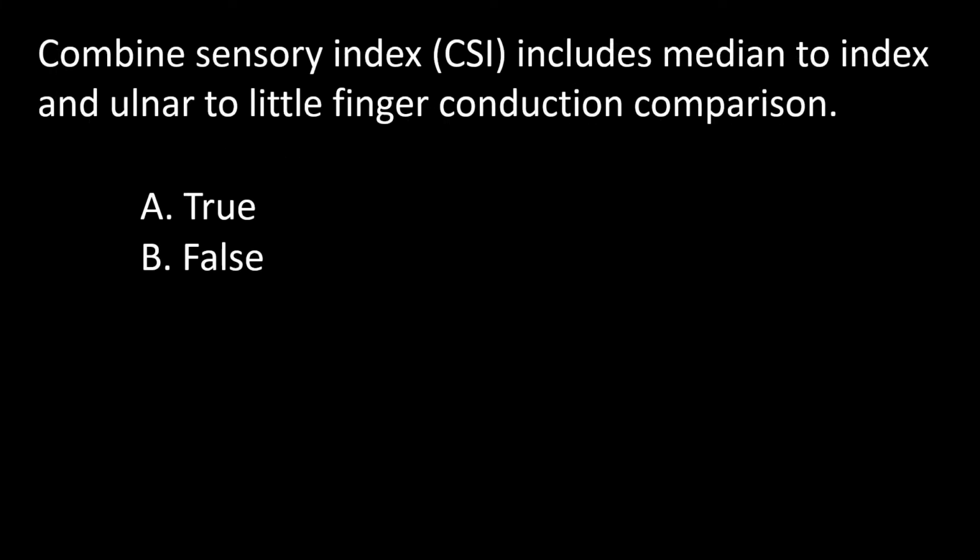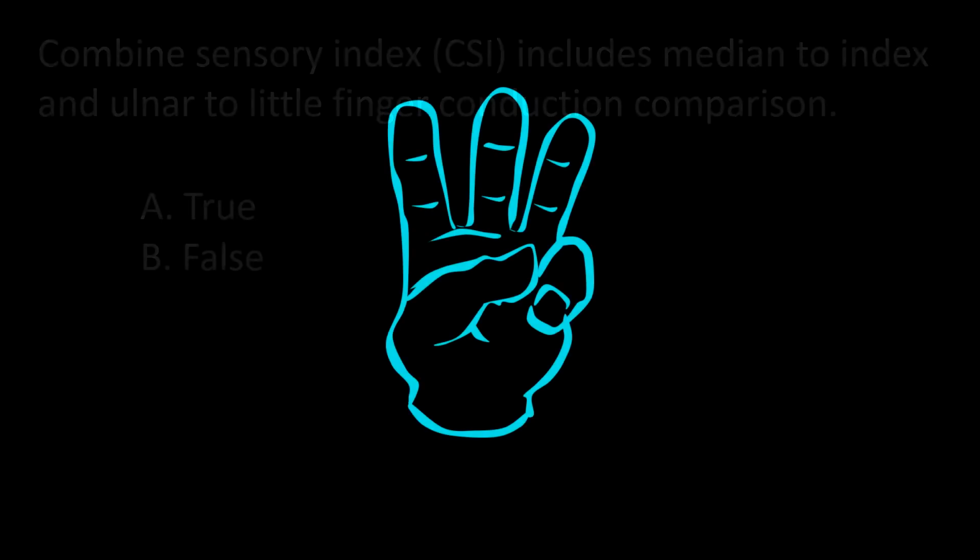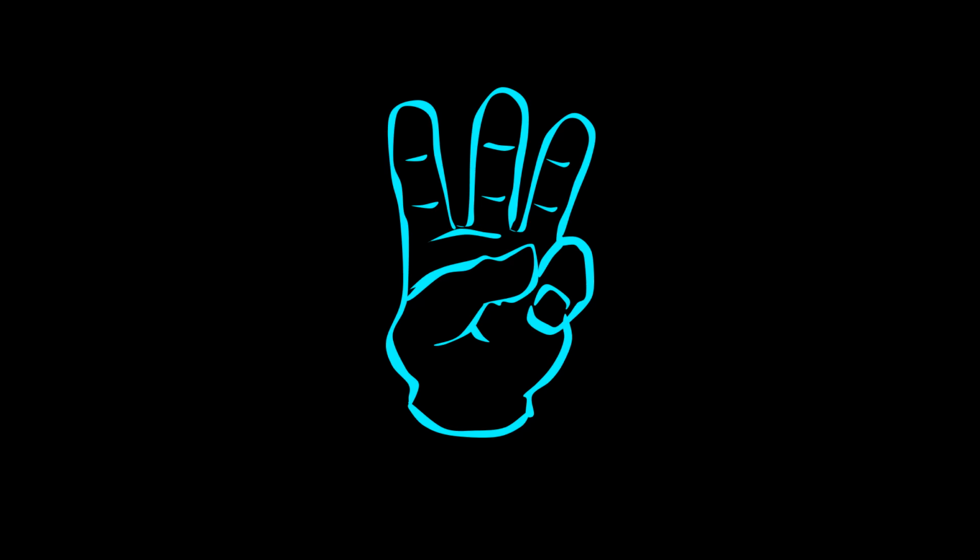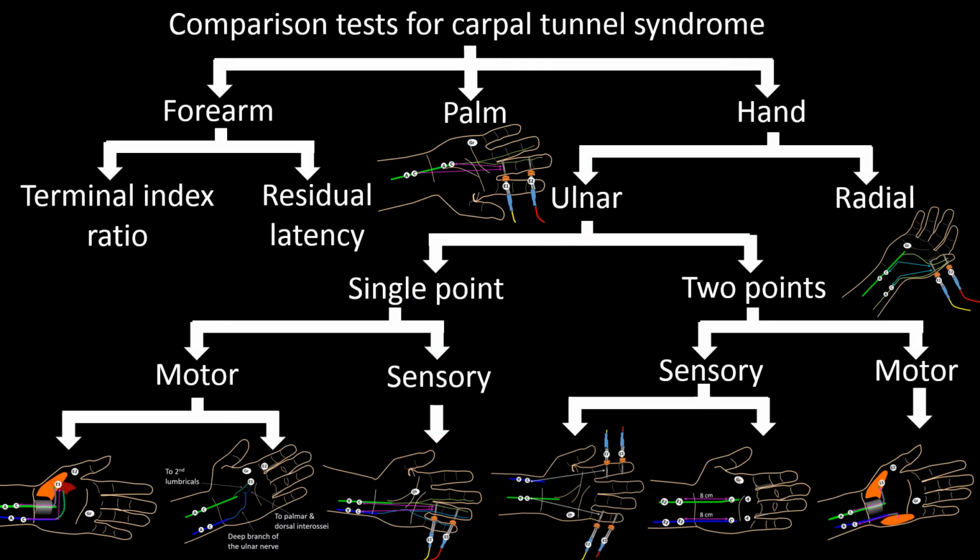Next question. Combined sensory index includes median to index and ulnar to little finger conduction comparison. A true, B false. The combined sensory index consists of 3 tests. I brought back the comparison test chart so we can have a good perspective of the tests used for the combined sensory index determination.